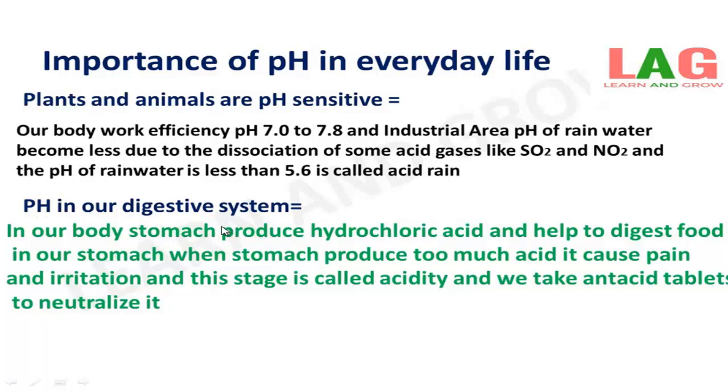And pH in our digestive system, you know that hydrochloric acid is produced in our stomach, which helps to digest. If we cannot control this production, then in that case an acidity problem will be produced, and in that case we have to take antacid syrup, which is actually a basic substance, so it neutralizes this acidic problem.